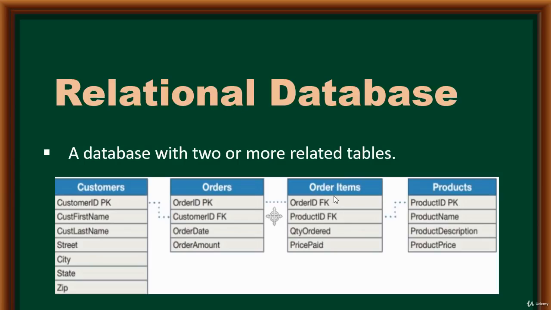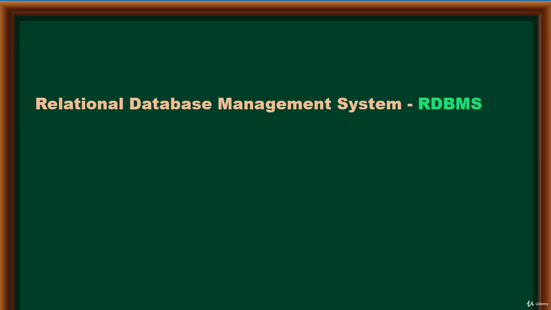All right, if we look at this order items table and this orders table, we've got an order ID, we've got an order ID. You can see the dot here representing the relationship. Likewise, we've got a table called products. You can see that we've got a product ID and we've also got a product ID in this order item. So you can see the dot here representing the relationship between the tables.